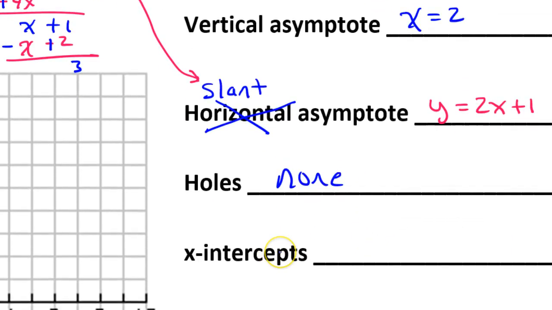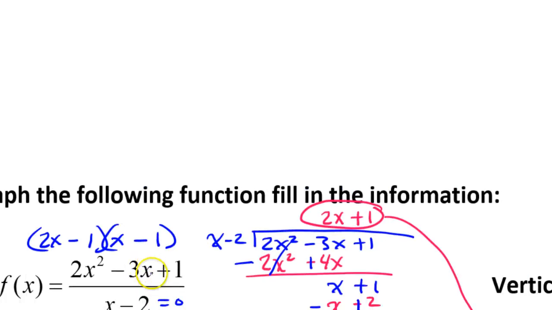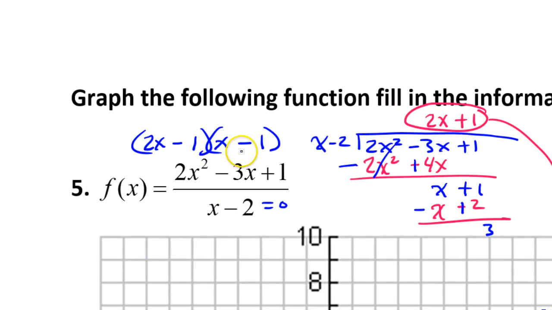Okay, how do we find x-intercepts? We can set the numerator equal to 0 for a problem like this. So it's helpful that we factored it, because if I want to set this numerator equal to 0, if I factor it, I'm going to wind up setting the factors equal to 0 to get my x-intercepts.